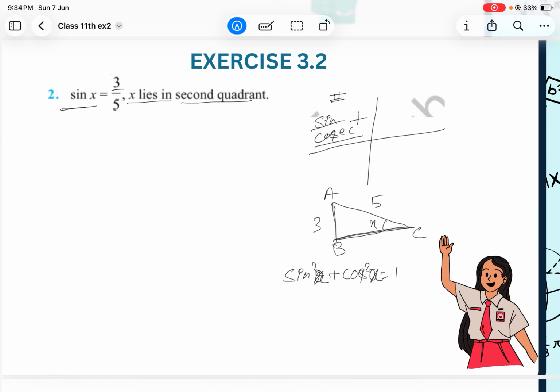We know sin x equals 3 by 5, and its whole square plus cos square x equals 1, or cos square x equals 1 minus 9 by 25.